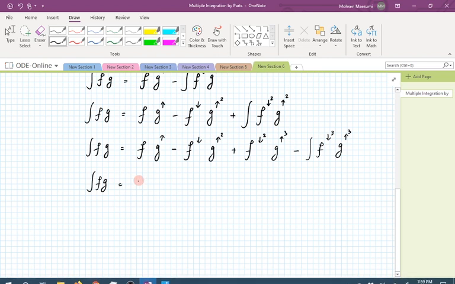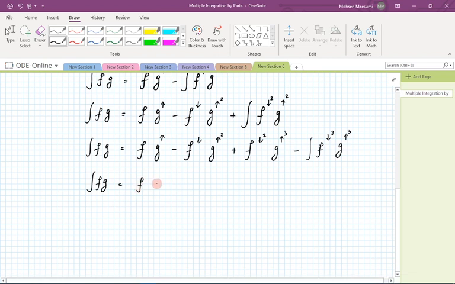So, of course, it's going to be F. It starts exactly same as before, so nothing is different. F down, G double up, F double down, G triple up, F triple down, G quadruple up.